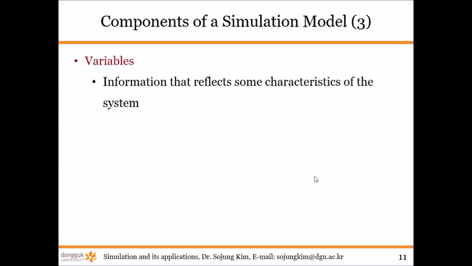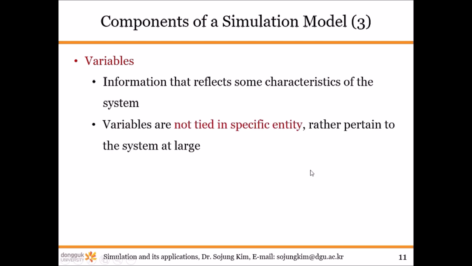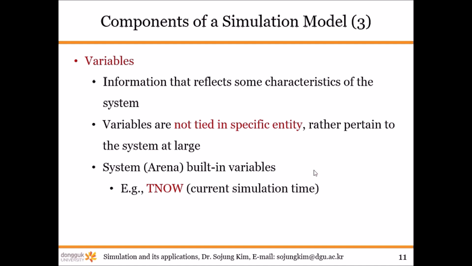Variables usually reflect some characteristic of the system, and these are actually global variables used in the entire simulation software. Variables are not tied to specific entities, but rather pertain to the system at large. So that's why I personally call this a global variable in Arena.